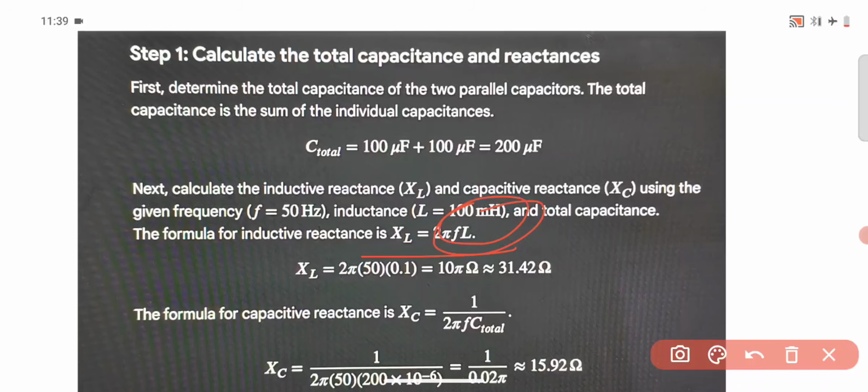So we will calculate the XL value here, and similarly we can calculate XC, that means capacitive reactance, using this formula. We calculate total capacitance and reactance because we need it to calculate current, and whatever we have to calculate requires first calculating these. So we already calculated inductive reactance and capacitive reactance.